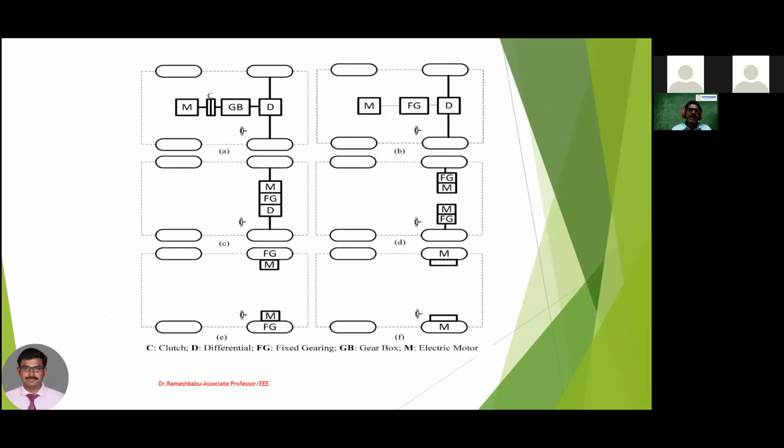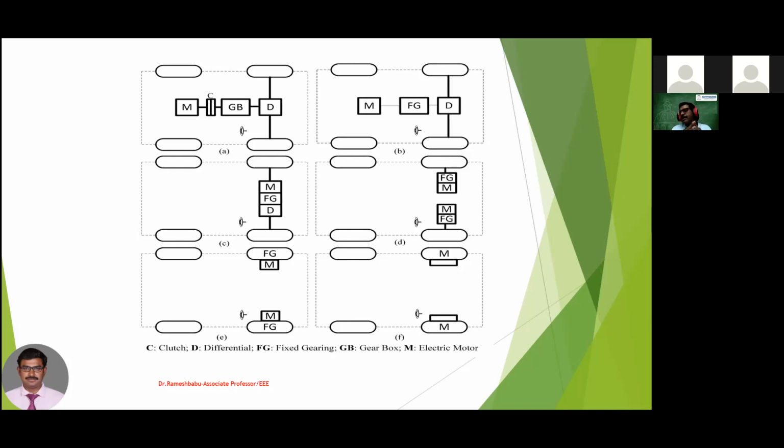The first diagram, diagram A. Basically, there will be a front wheel driven system and a rear wheel driven system. Two types of driven systems are available. Normally, people go for the front wheel driven system. The rear wheel driven system is also available, and some companies do that too, for some specific applications.